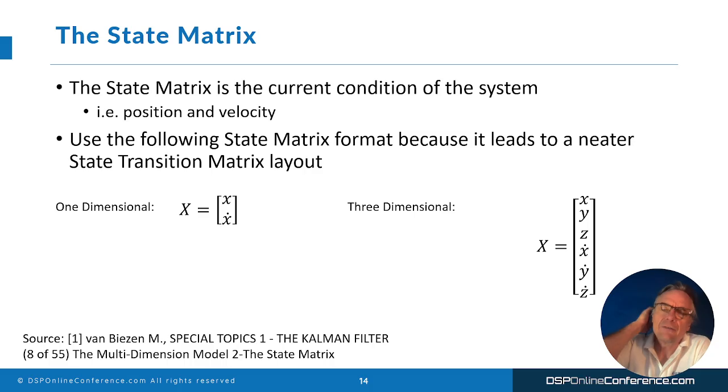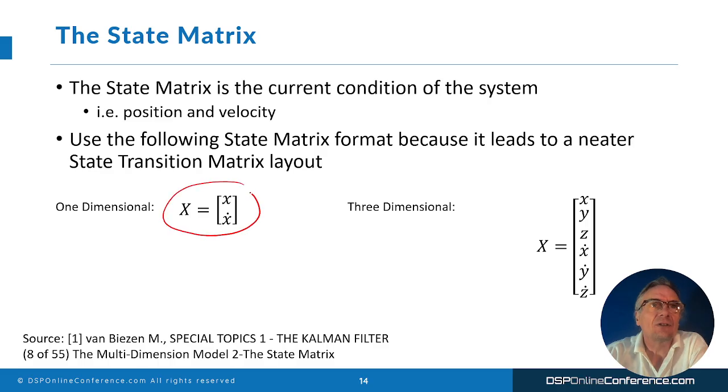Now, if we just have a single particle, single object traveling with a position and velocity, it's very easy. We have this state matrix structure that looks like this. But what about if we have multiple dimensions, 3 dimensions, X, Y, and Z?